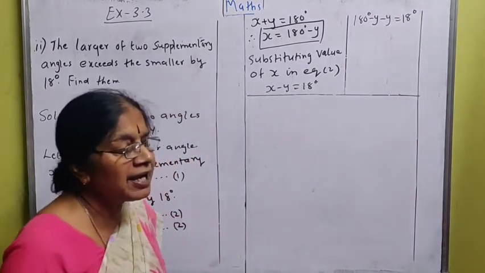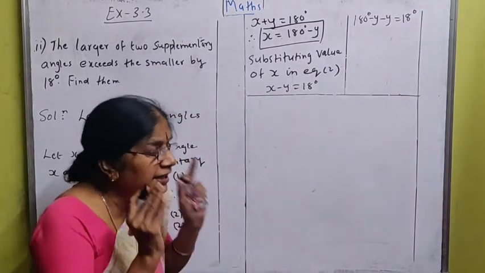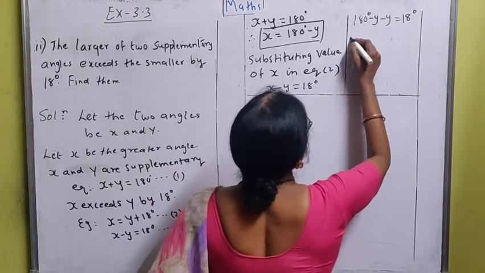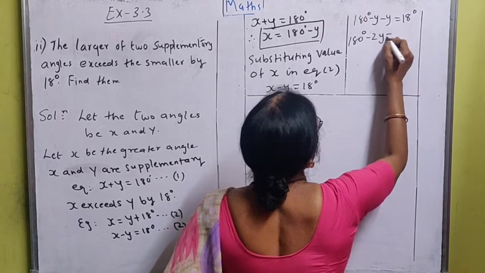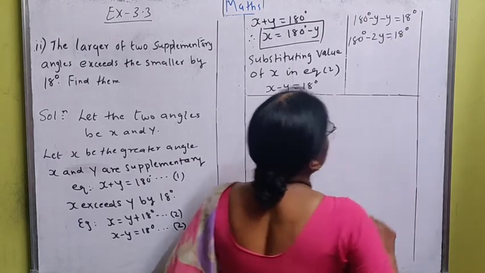Minus y and minus y are like terms, we can add them. So we get 180 degrees minus 2y is equal to 18 degrees.